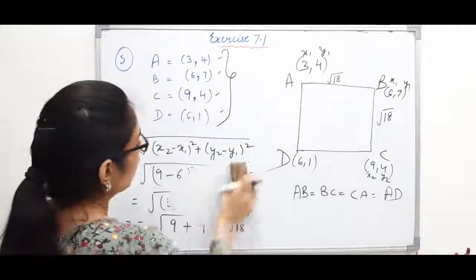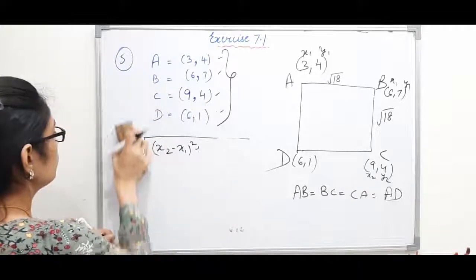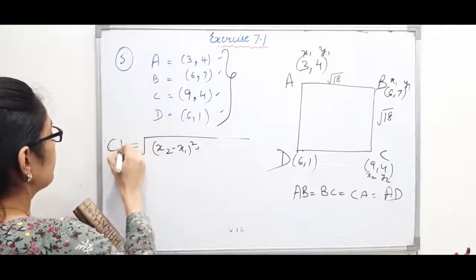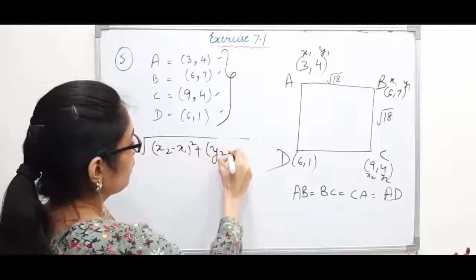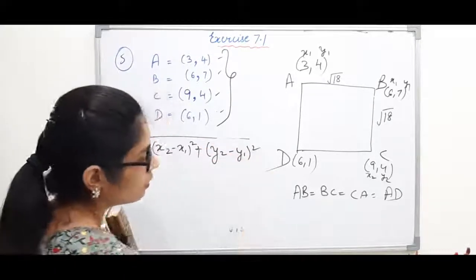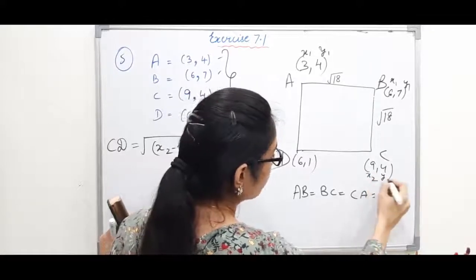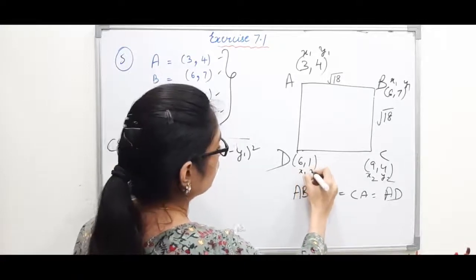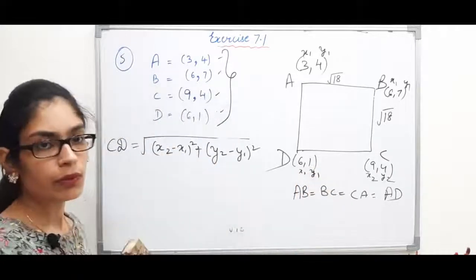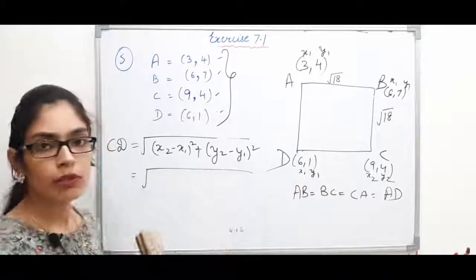Now let's find the value of CD. Same formula we have to use, only the values of x1, x2, y1, y2 will get changed. So at C now, or here we'll keep it like this. At D we will write x1, y1. Anyway, you can name these points according to your wish. Their answer will remain the same.